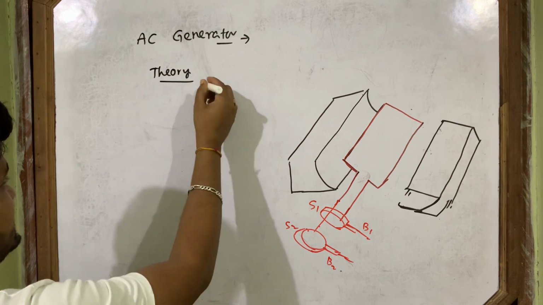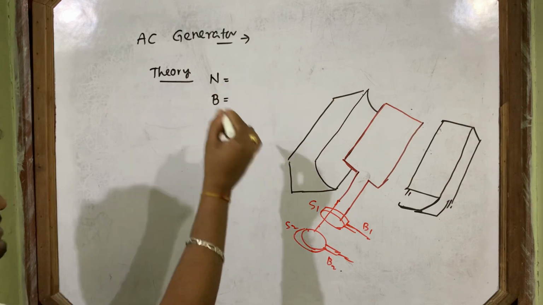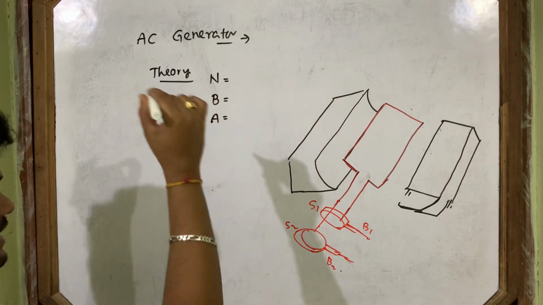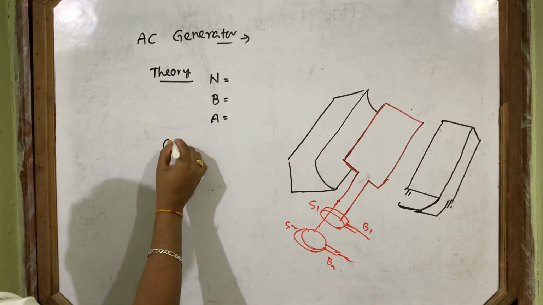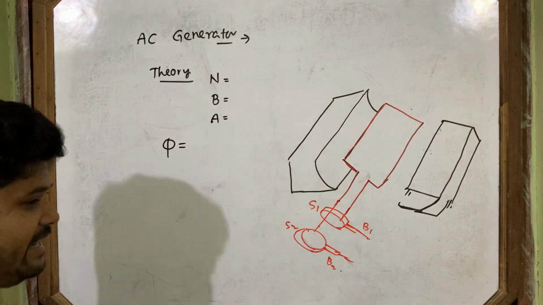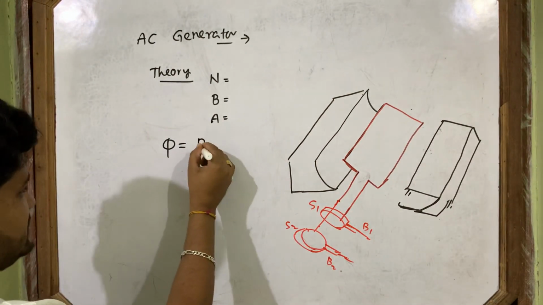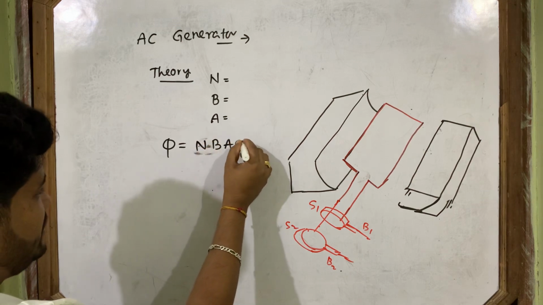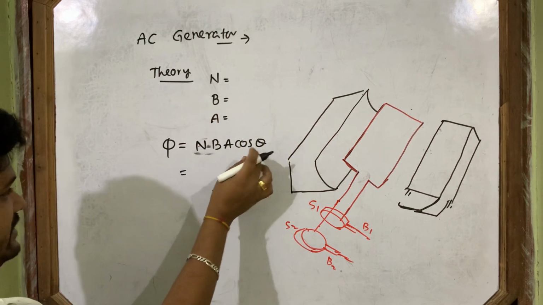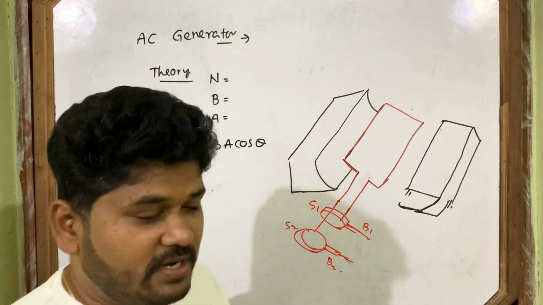Before that, we take N equal to the number of turns, B equal to the magnetic field strength, A equal to the area of the coil. Then how much flux is linked at any instant t? At any instant t the flux is NBA cos theta, where N is the number of turns and theta is the angle between the magnetic field and the area vector of the coil.